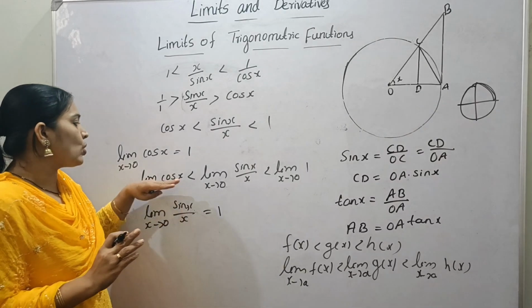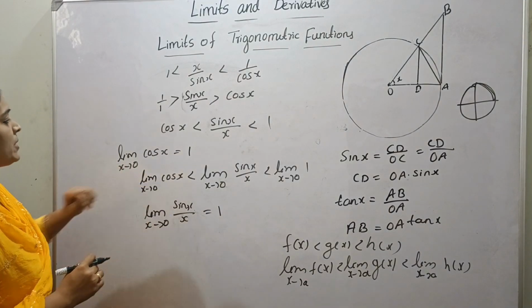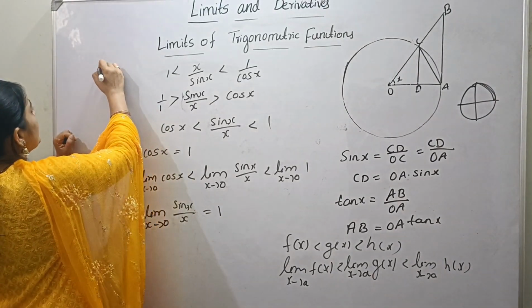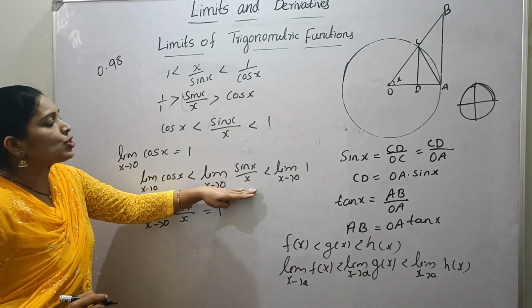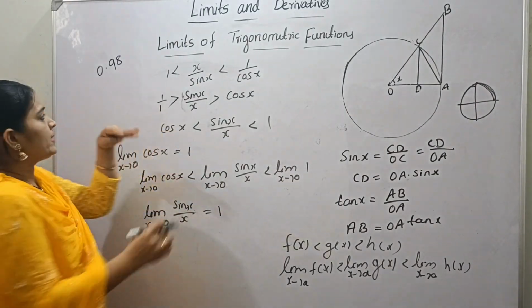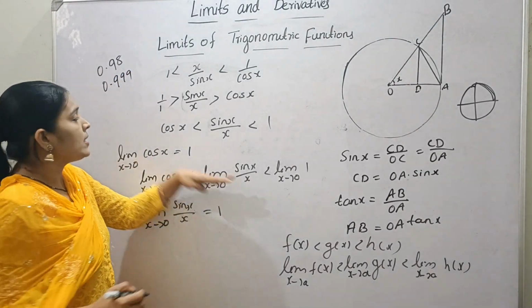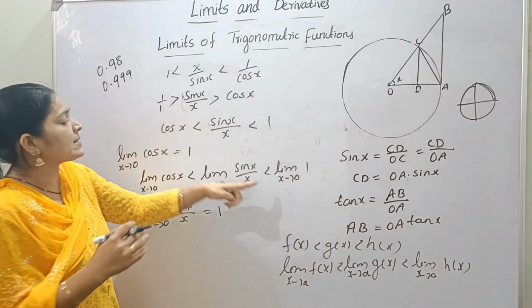Here also, cos x is approaching 1. Let us take one example. Suppose it is 0.98, then the other value should be greater than 0.98. Let us take 0.999. See, it is also approaching 1 because it is less than 1.